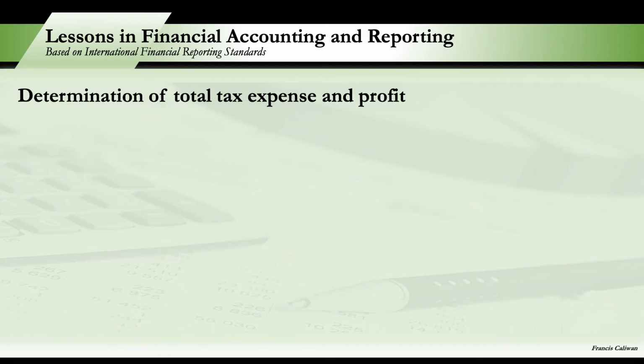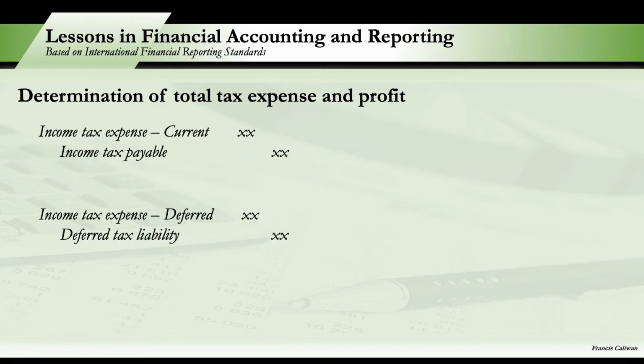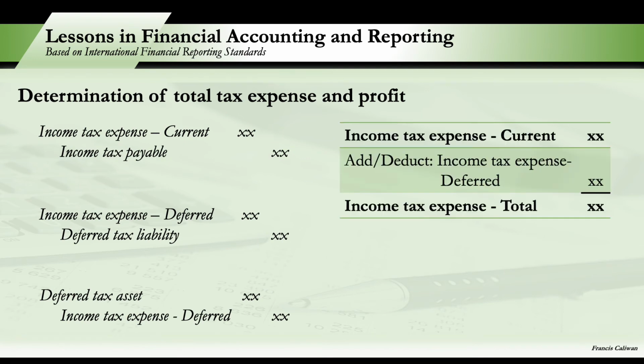And finally, to determine our total tax expense and our profit for the period, let us start with our income tax expense current, and then we add or deduct our net deferred income tax, the net of our income tax expense deferred arising from deferred tax liability, and income tax expense or benefit deferred arising from our deferred tax asset, and we will get our total income tax expense.